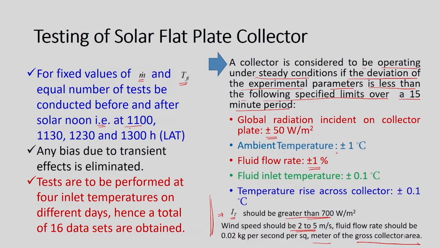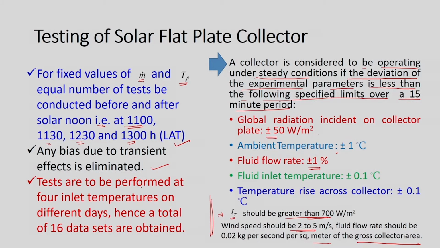That is at 11 o'clock, 11:30, 12:30 and 1 or 13:00 hour LAT, which is solar time or local apparent time. Also, any bias due to transient effect is eliminated during the test procedure.